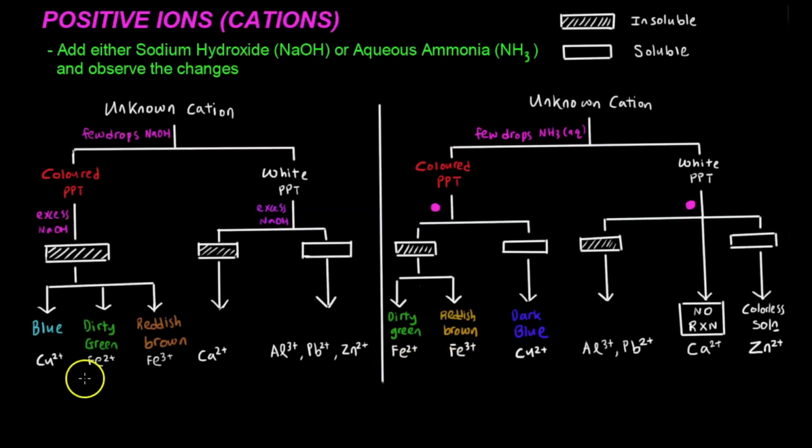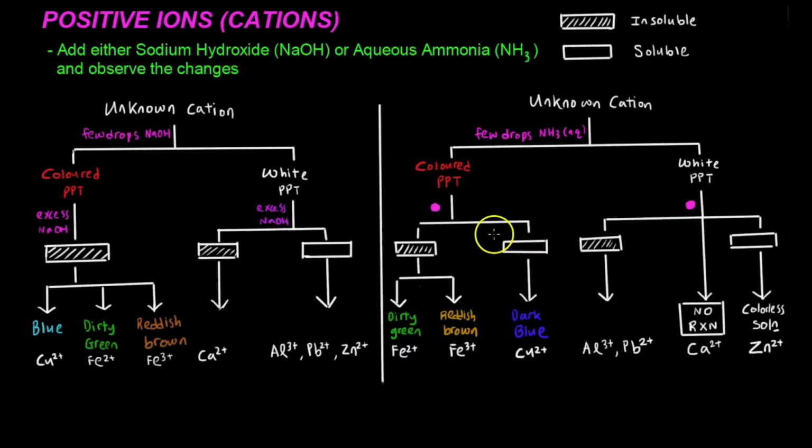You notice that Fe2+ and Fe3+ do not change on both sides. They are both colored and insoluble, whether you use NaOH or NH3. These two stay the same. But Cu2+ is a bit different. When I have a colored precipitate, I add NH3 in excess.